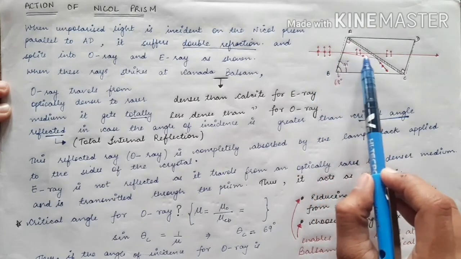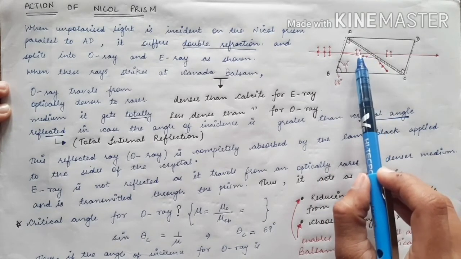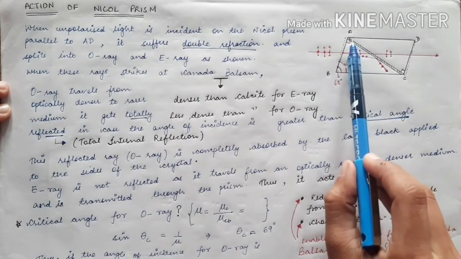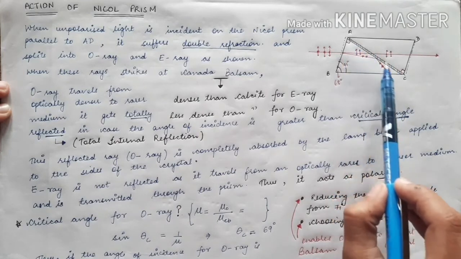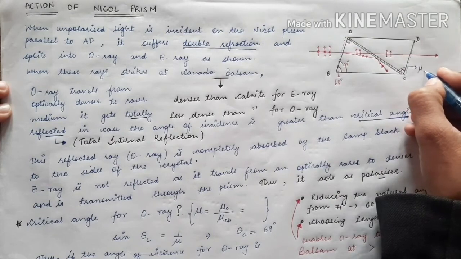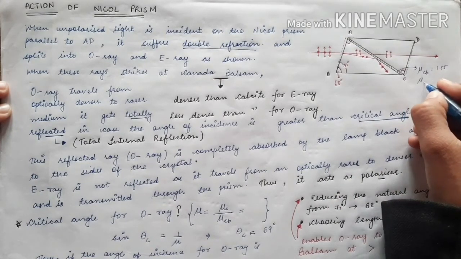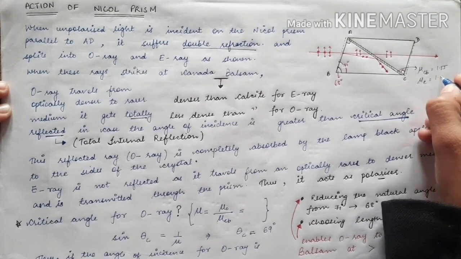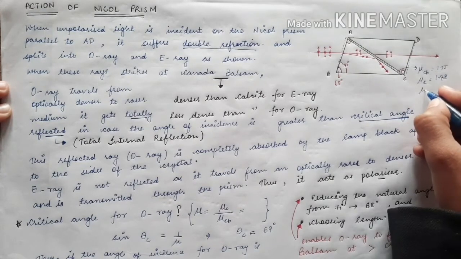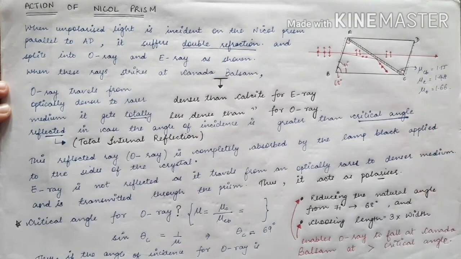Now this E ray has a refractive index of 1.48 inside the calcite crystal, and the Canada balsam layer has a refractive index of 1.55. So the refractive index of the Canada balsam layer is 1.55, the refractive index for the extraordinary ray is 1.48, and for the ordinary ray it is 1.66.